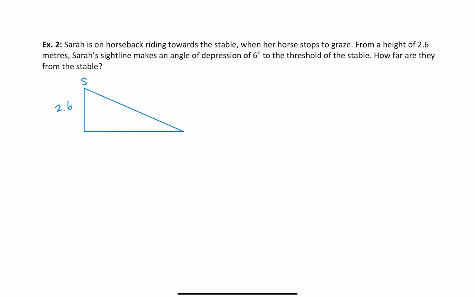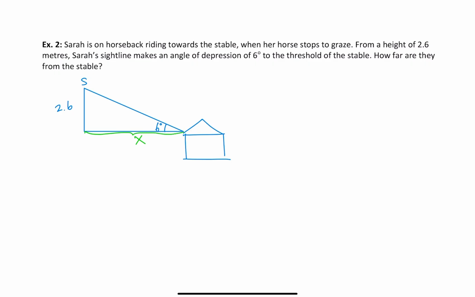Because, remember, angle of depression is from the horizontal line down, so it's in between these two. So this is 6 degrees. And this is the stable. I'll kind of just draw a little stable here. And we're asked, how far are they from the stable? So what that means is we're trying to find this length.